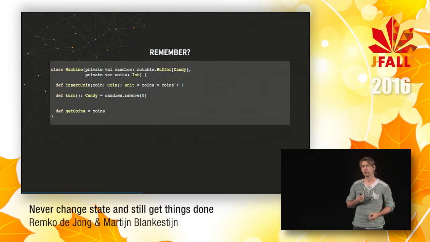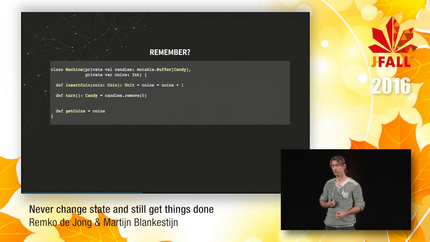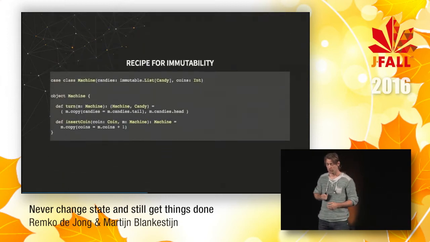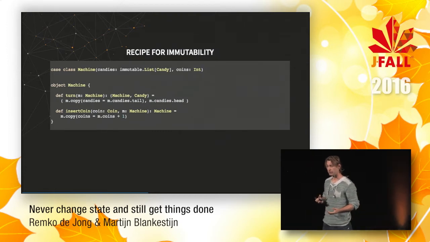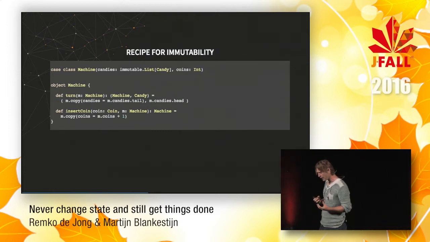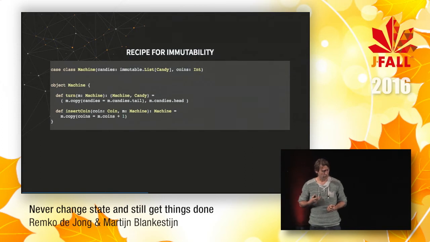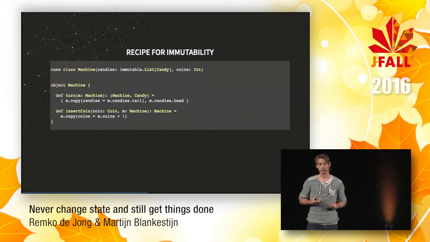It turns out there's actually quite an easy recipe for making mutable code more immutable. What you do is you start making stuff explicit. We had state, so now we make that explicit.